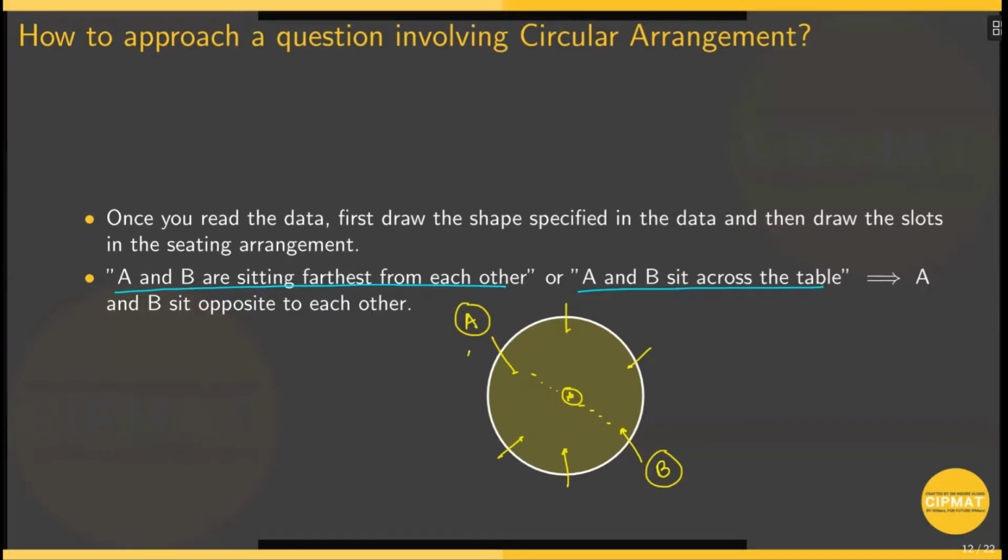It should be ensured that on the right side and on the left side of A, an equal number of people are sitting in between A and B.